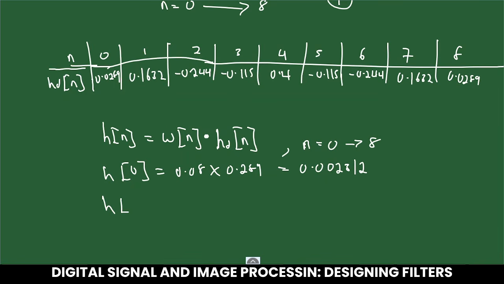Yes. We do same for all the remaining values of n. When n is equal to 1, you also go and check the value for W1. Now I think we have 0.2147. Then you multiply it by HD of 1, 0.1632.